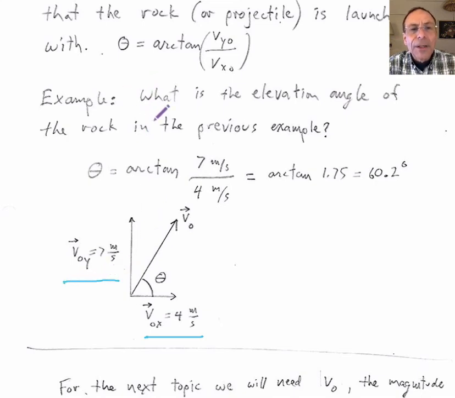And the angle is given by the arctangent or inverse tangent of the ratio of the two velocities, the y component and x component. So you put in 7 meters per second and 4 meters per second. You divide, you get 1.75. You take the arctangent, and you get your answer. It's 60.2 degrees.